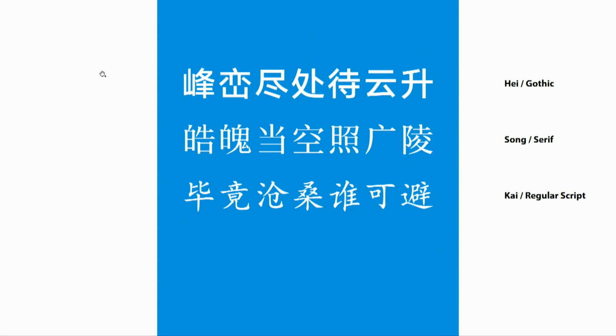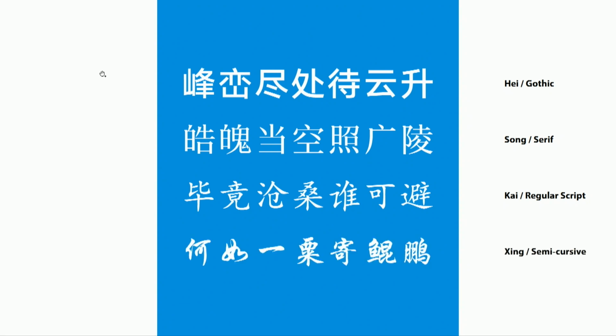But if we go a little further to the semi-cursive style, which is Xinshu, here you see the strokes are connected together, and some of the components are a little different from the other three, but somehow to native eyes, they are still very legible.